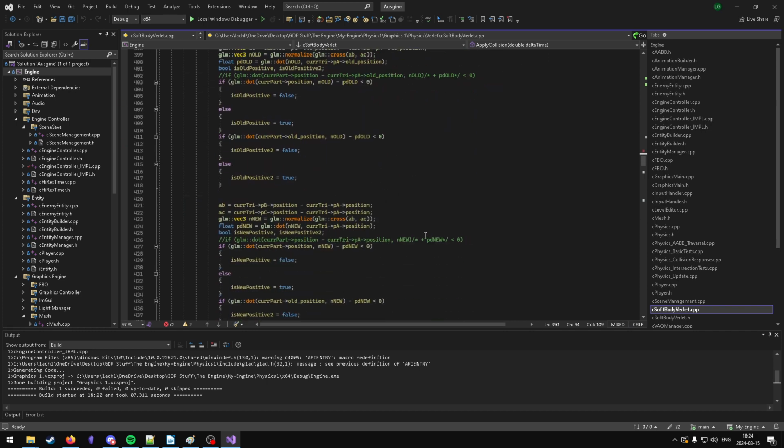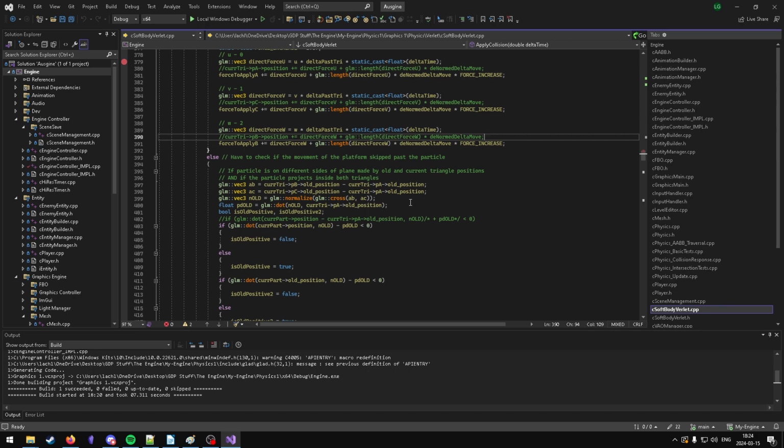Then I set the particle's position to some really small value right off of the face. I normalize its movement vector on the normal of the triangle and remove that from its overall movement. So instead of going through the platform, it stops at the platform and then moves along the plane of that platform, however much longer it would have gone. It still slides along rather than sticking to the platform.